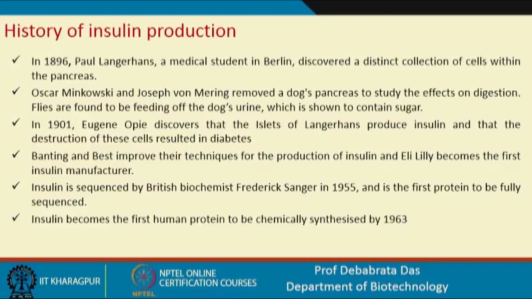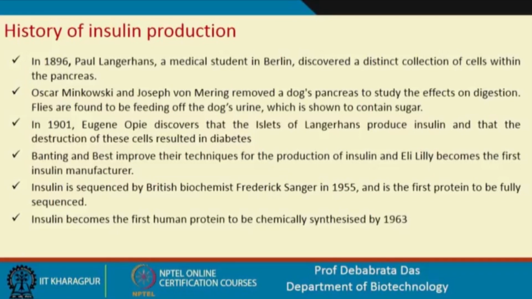Insulin was sequenced by the British biochemist Frederick Sanger in the year 1955, and it was the first protein to be fully sequenced. And insulin became the first human protein to be chemically synthesized in 1963.